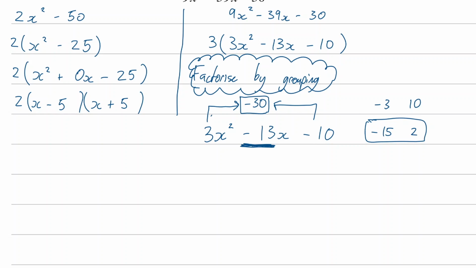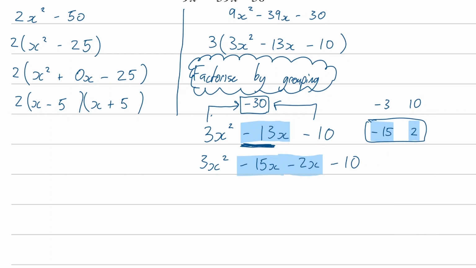And now what we do with those numbers is this. Instead of writing minus 13x, we write minus 15x plus 2x. All we've done here is we've split minus 13x into minus 15x plus 2x, and those numbers we worked out because they multiply to negative 30 and they add to negative 13. Okay, that's the hard bit done.